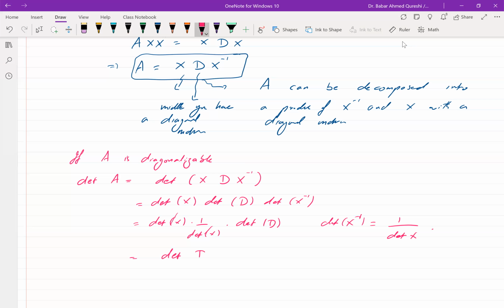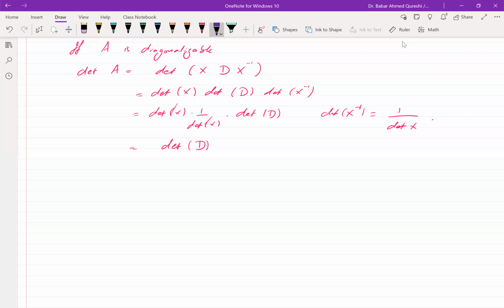So I'm left with determinant of D. But D is a diagonal matrix. So what is the determinant of this diagonal matrix? The determinant is just the product of the entries on the diagonal.